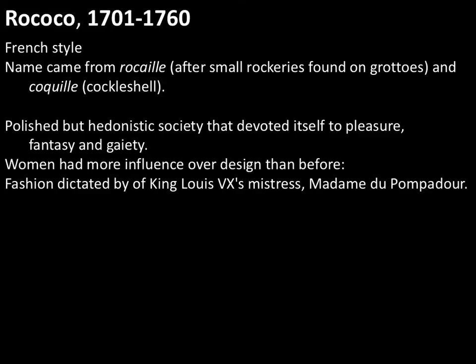And for the first time, we see women overtly having more influence over a design style. So most of the Rococo fashion was dictated by the mistress of King Louis XV, Madame de Pompadour. So this style is really a reaction to that stiff French formality of the Baroque.